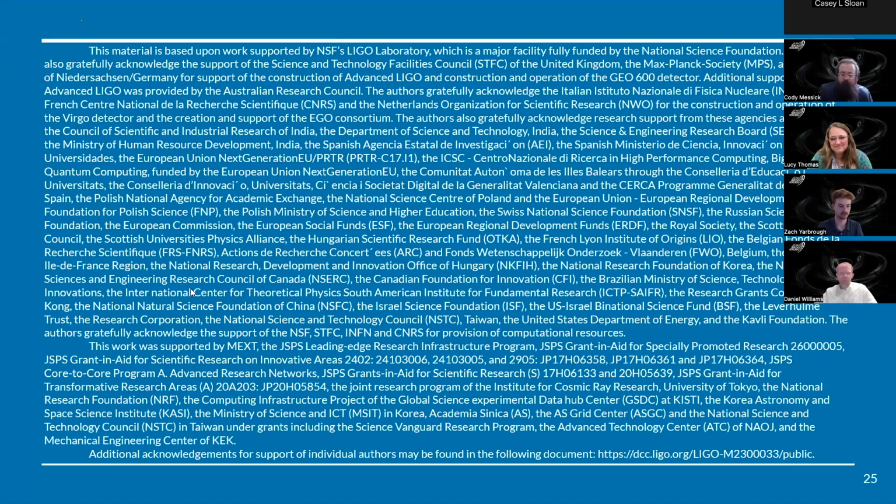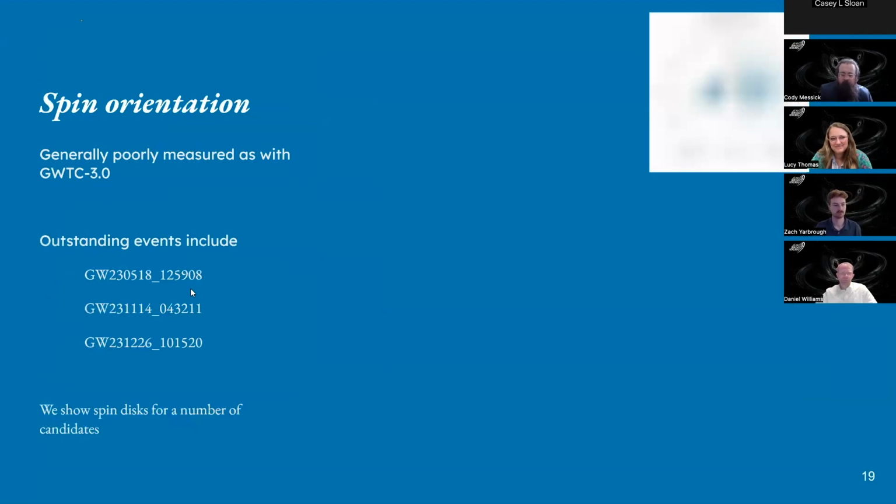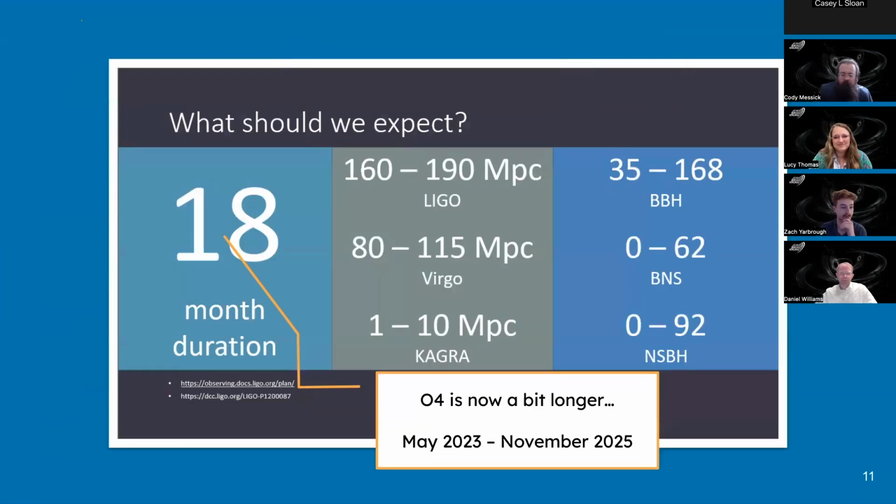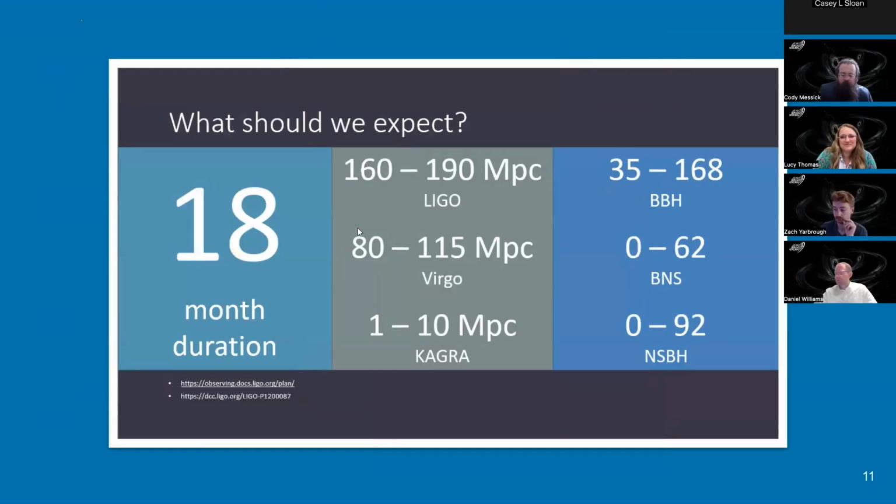If we skip back to an earlier slide, we can see what we anticipated. This is the observing scenario which we had before we started taking data in O4, produced in 2023, just before we started observing.